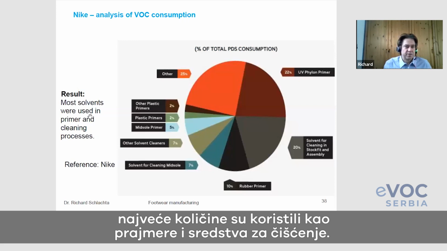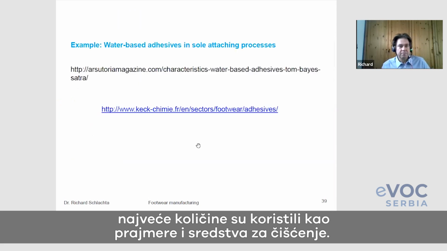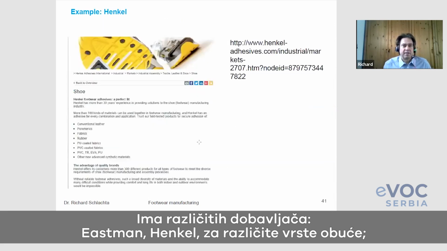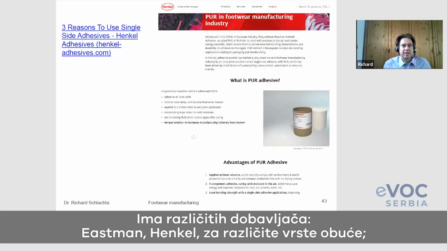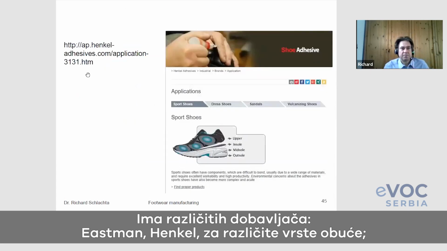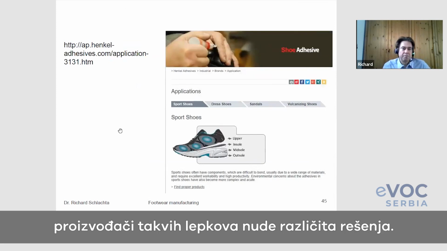So they could see most was used for the priming and cleaning processes. There are different suppliers, for example, Eastman, Henkel. So for a lot of different types of shoes, the manufacturers of such glues are offering solutions.